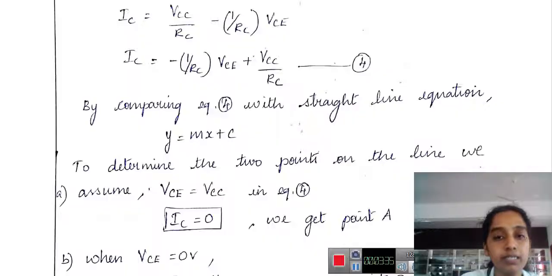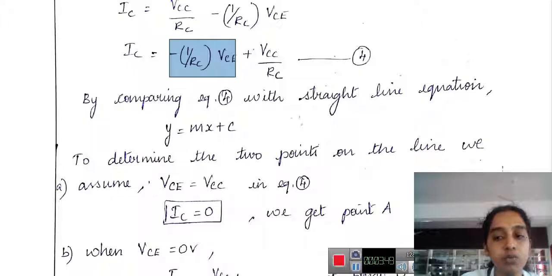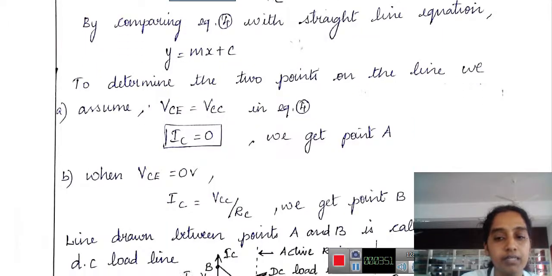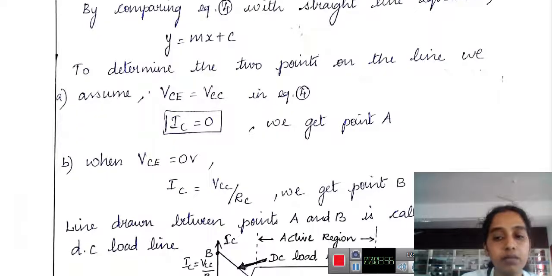This will be considered as point A. When I assume VCE equal to 0, the first term will become 0, so I'll have only VCC by RC. So IC will be equal to VCC by RC. From that we get point B.